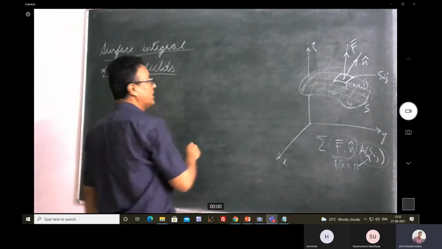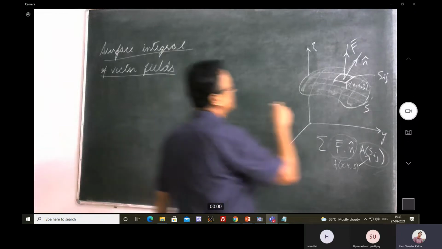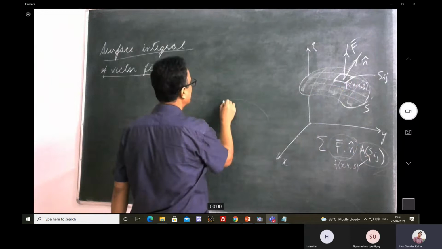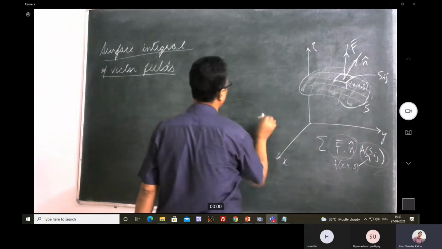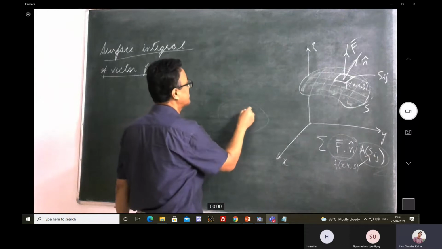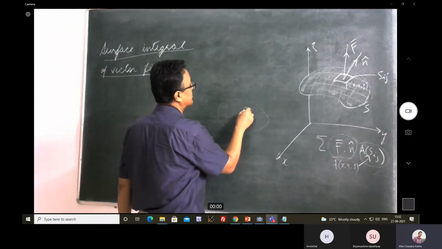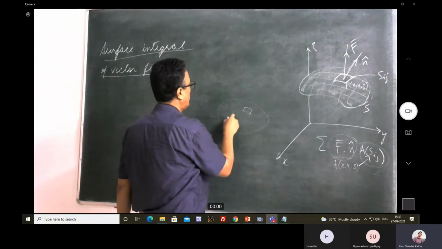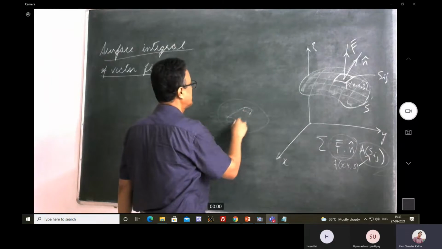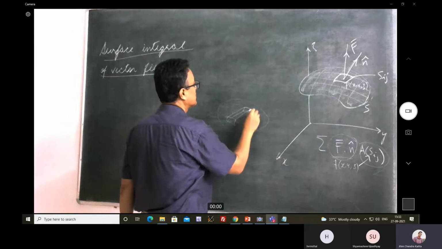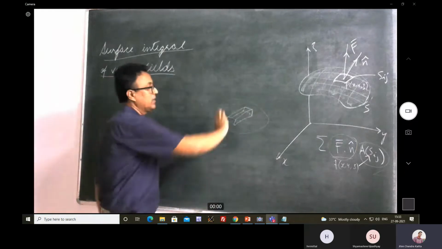So what is going to happen? Definitely, if I consider this as a surface, say suppose it is some kind of a closed surface. If you consider that patch, suppose that patch is at the other end. Then obviously you would be able to draw some columns like this over this surface.